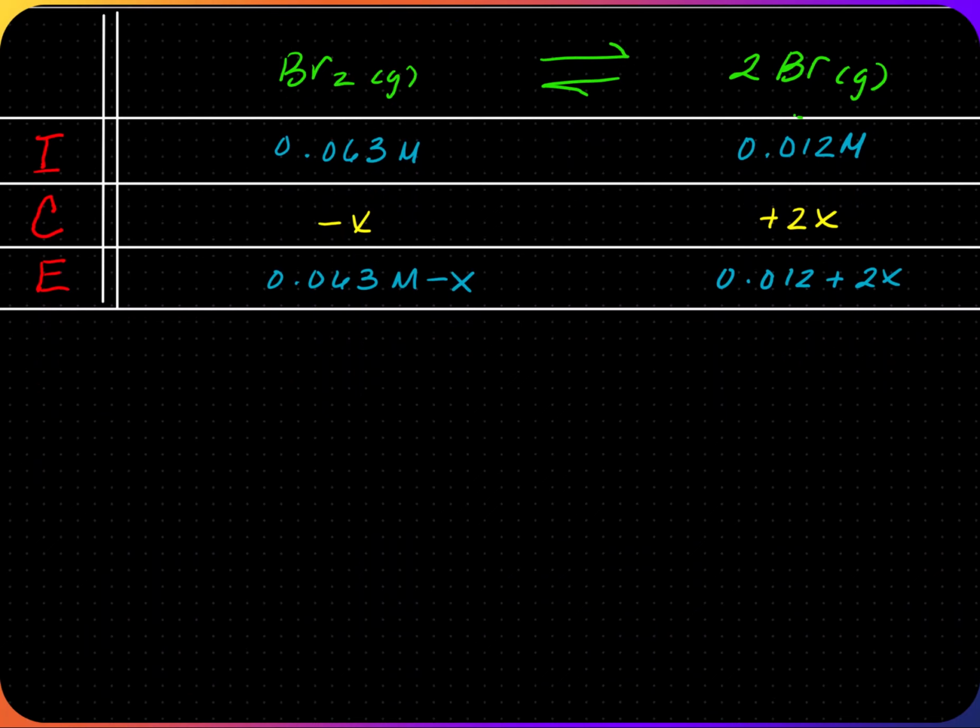We're going to write the equilibrium constant, Keq, which is equal to Br in brackets squared divided by Br2.